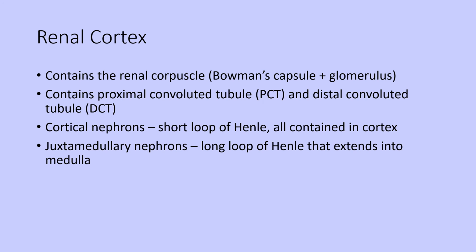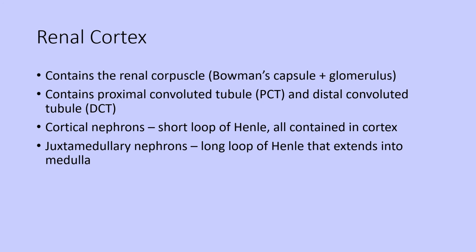The renal cortex area is that outermost area of the kidney. That is where the renal corpuscle, which is the Bowman's capsule or the glomerular capsule, and the glomerulus, is located in the cortex. It usually contains both the proximal convoluted tubule, or the PCT, and the distal convoluted tubule, which is the DCT.